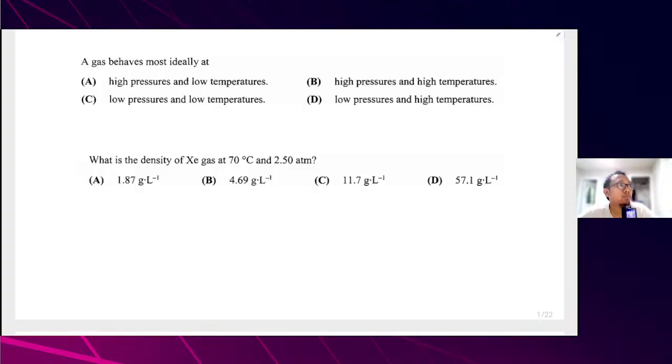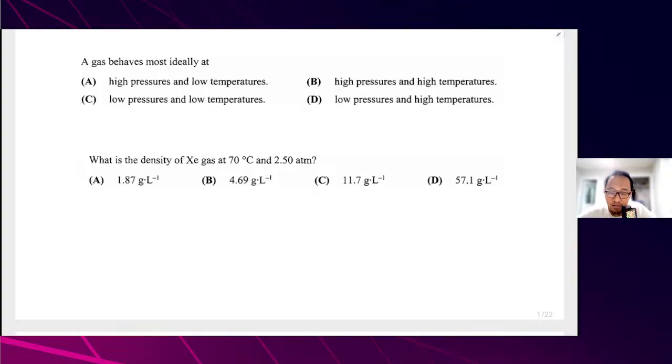The name of the chapter may vary or might be different, so just look at your textbook for the chapter called gases or liquids and solids. All right, so now we are at chapter 8. Let's get started and tackle the problems one by one.